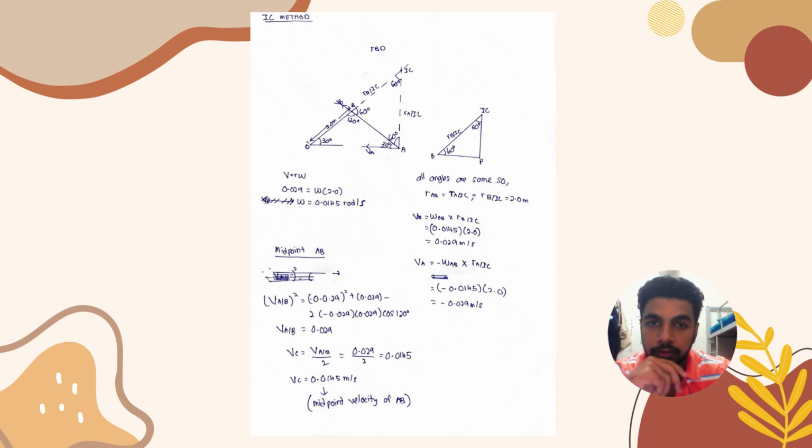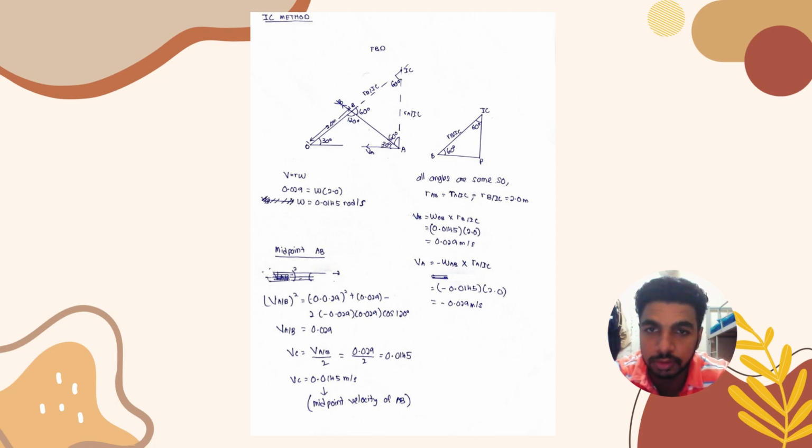This is the answer for VB, which is 0.029 meter per second. And for VA, as the direction is going to the left hand side, it should be negative. So you get the same answer but negative, which is negative 0.029 meter per second.